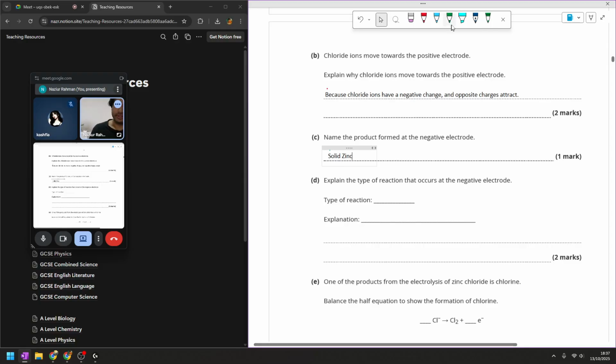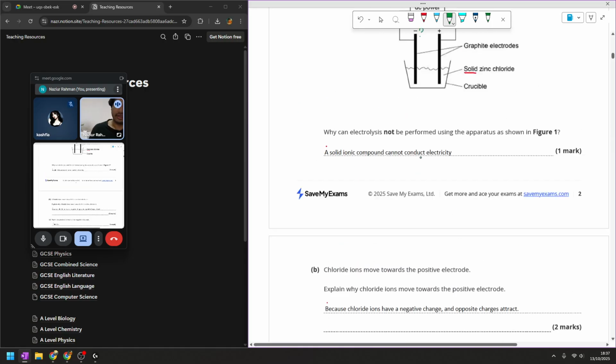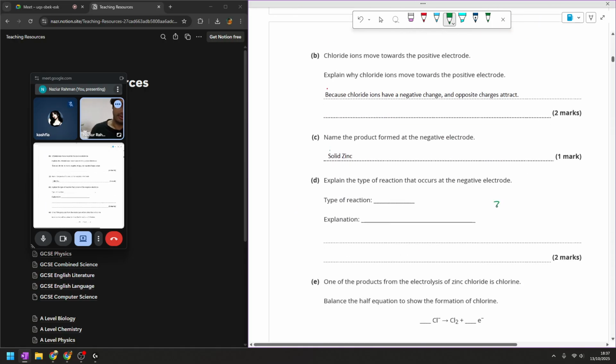So explain the type of reaction that occurs at the negative electrode. So at the negative electrode, the zinc ions will go there. So that's Zn2+, and because the negative electrode has lots of electrons, the zinc ions will gain some of those electrons to make zinc metal. So the ion will lose its charge because it gained the missing electrons. Right? So currently it's the positive ion because it's missing electrons. It has more protons than electrons, that's why it's a positive charge.